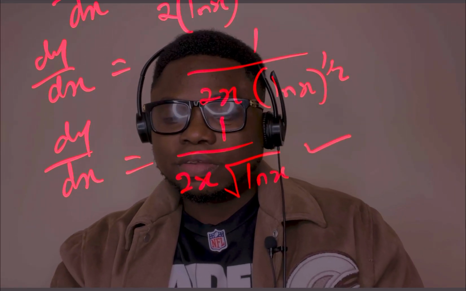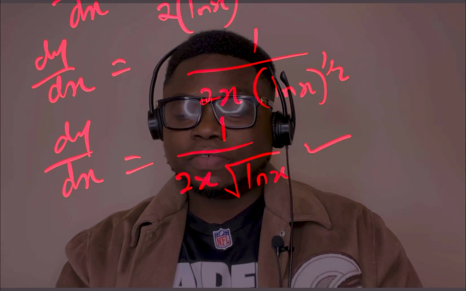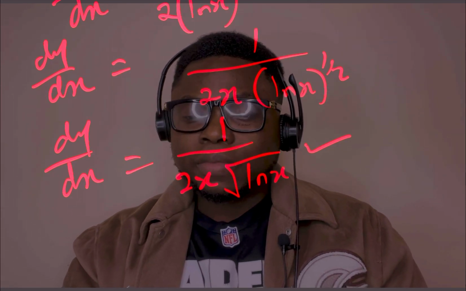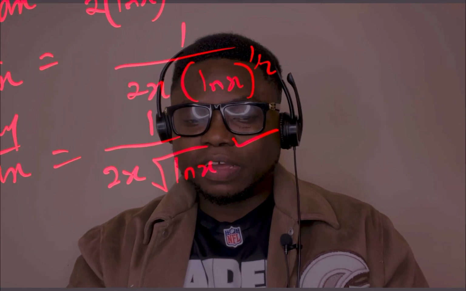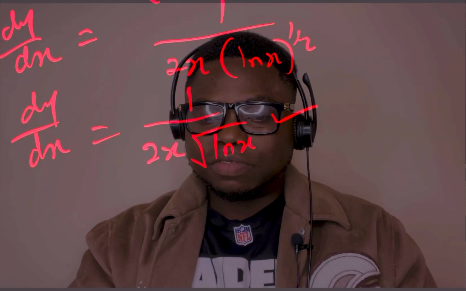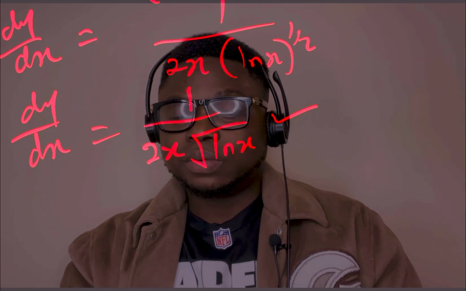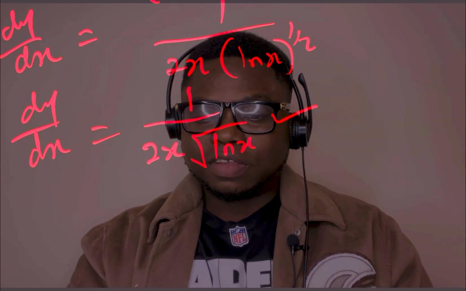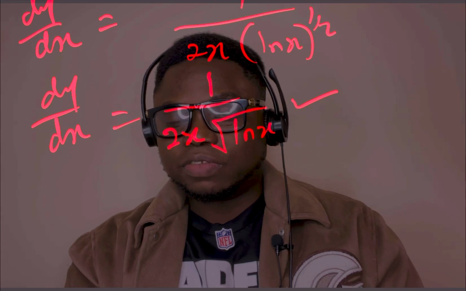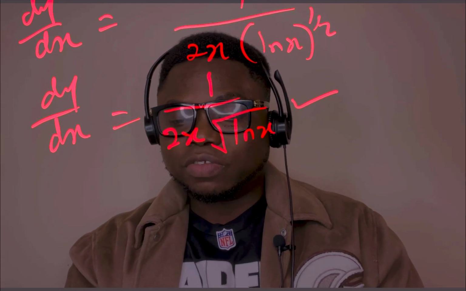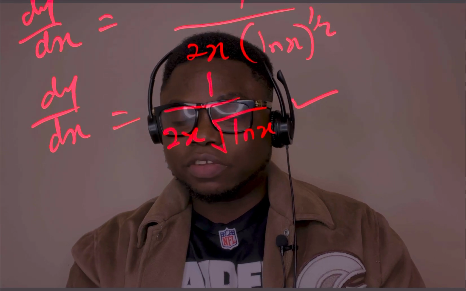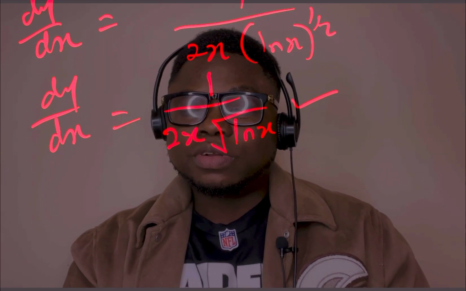But you can decide to rationalize the denominator. If you leave the answer like this, it is correct, but you can decide to rationalize the denominator, making the denominator rational. So in this case, you multiply the numerator, which is 1, by square root of ln x, and also the denominator by the same square root of ln x, in order to make the denominator rational.